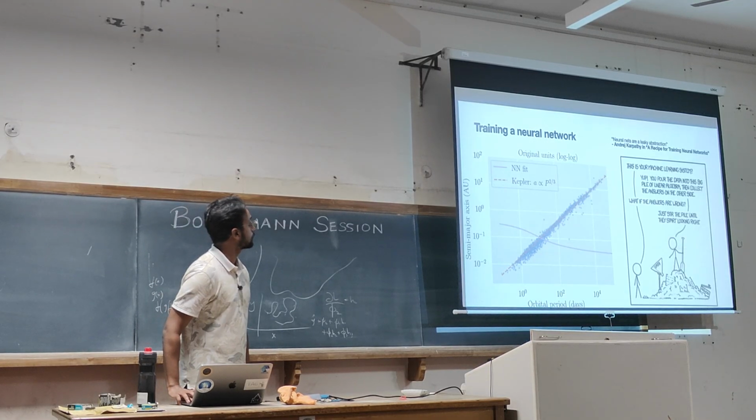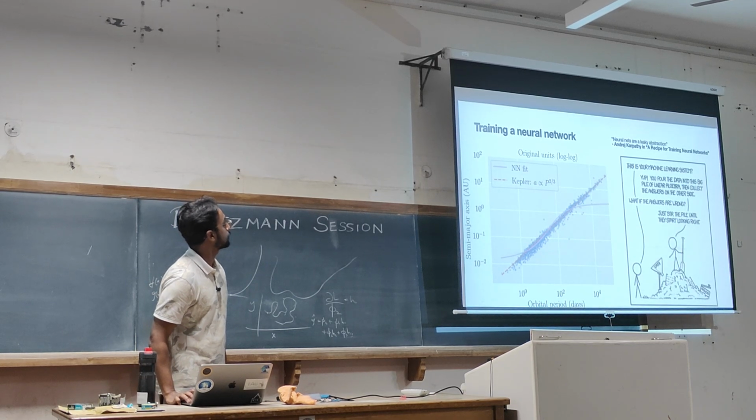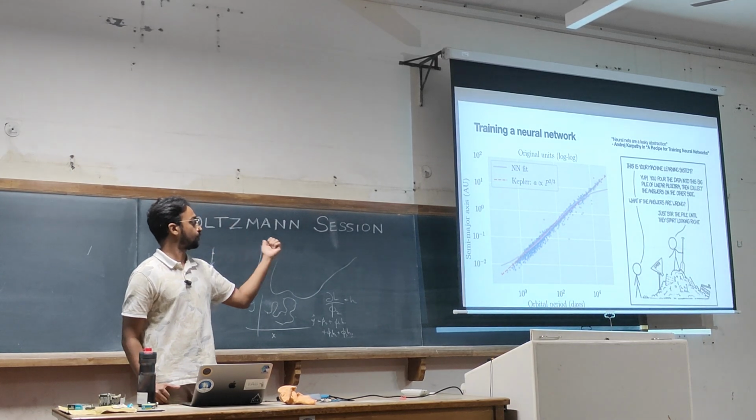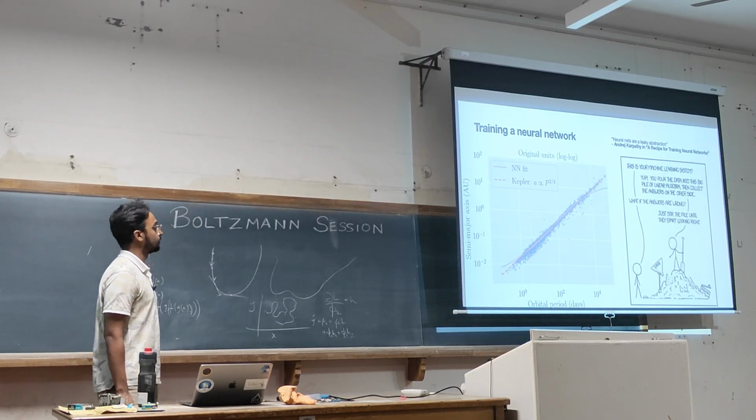So yeah, this was another video. Let's see if it works. This was the problem that I showed you about the semi-major axis and the orbital period, and I used a neural network to fit it.